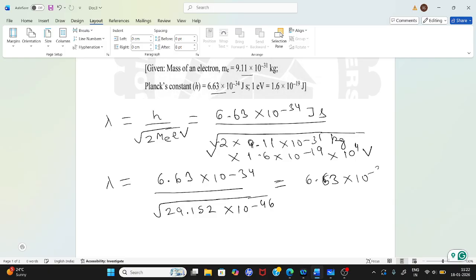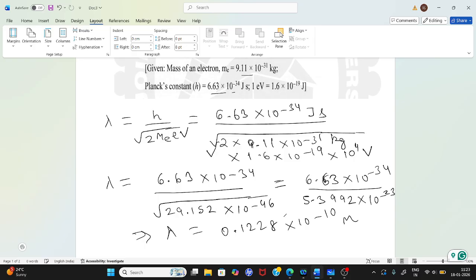You are going to get 5.3992 multiplied by 10 to the power minus 23. So lambda will be approximately 0.1228 multiplied by 10 to the power minus 10 meters.